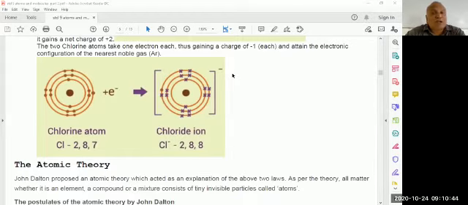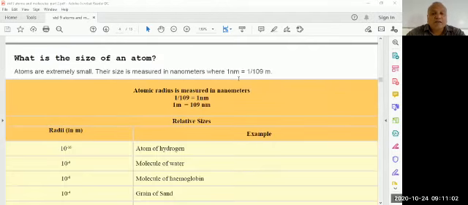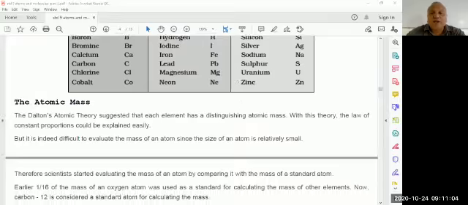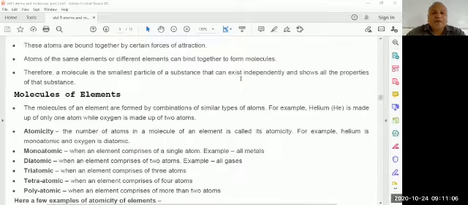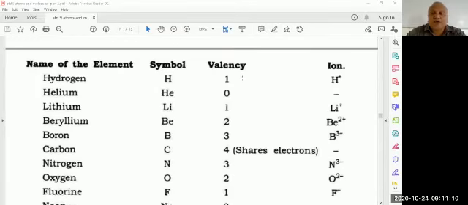The chloride ion has valency 1, but it is negative 1, and the calcium ion has valency +2. The same way, you must remember the different valencies of different ions that I will show you on the screen. These ions you have to remember.